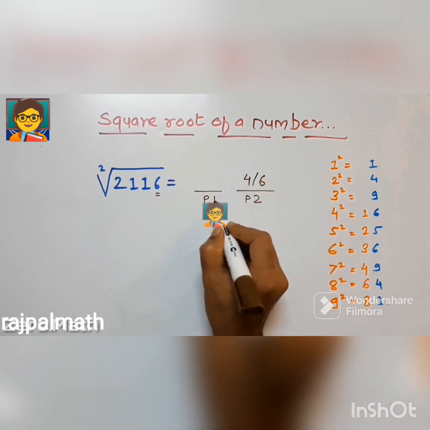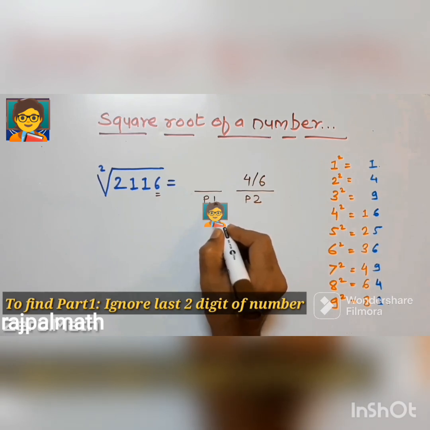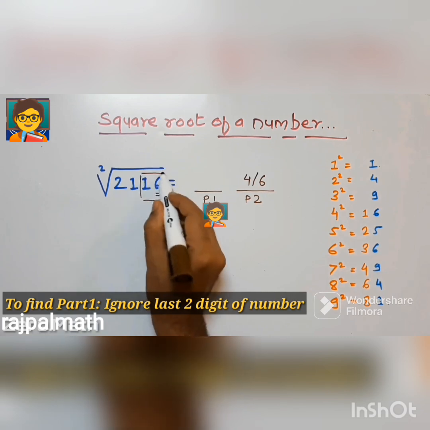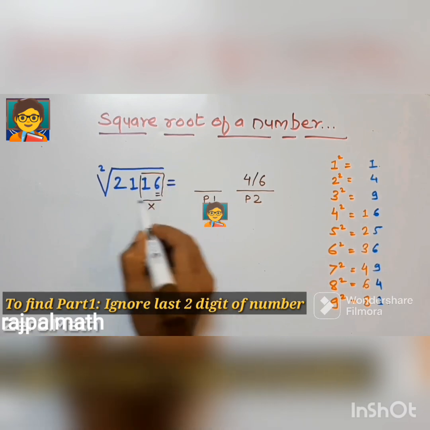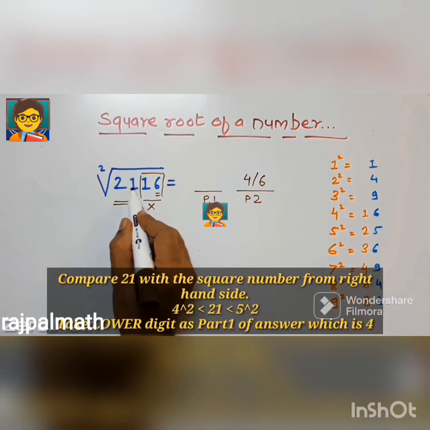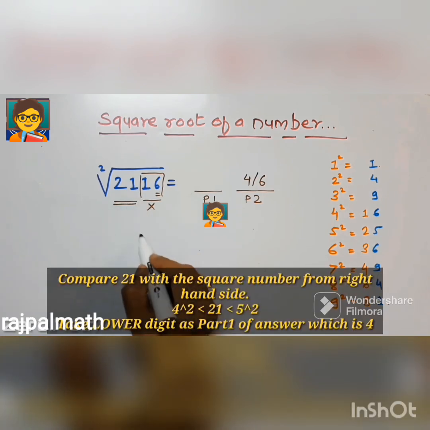Let's try to find out part 1. To find part 1, I'm going to ignore the last two digits. I'm going to consider the rest of the number, which is 21. I'm trying to fit this 21 between two square numbers.